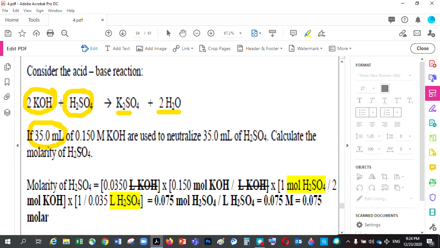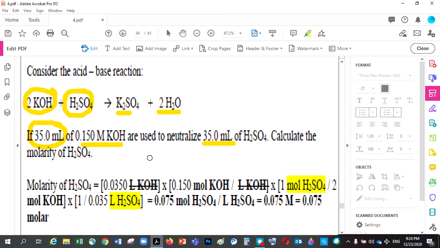The indicator stopped changing color at 35.0, correct? That's the endpoint. And we have the exact molarity of KOH we have used, 0.150 molar, and we have used 35 mL of sulfuric acid as well.